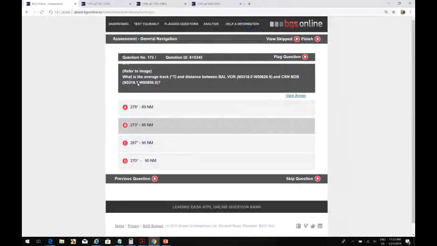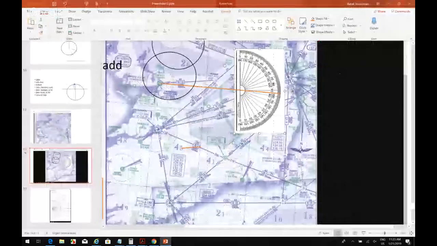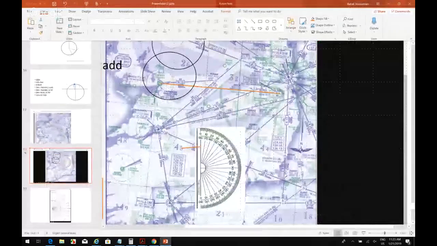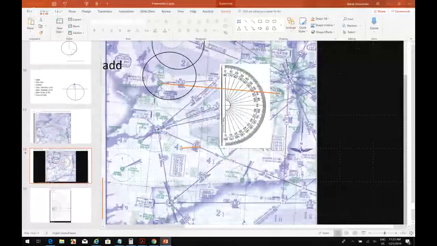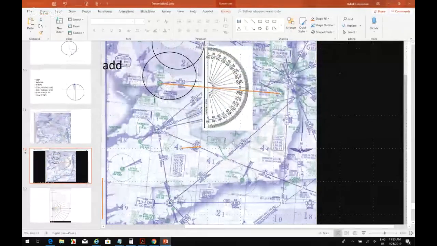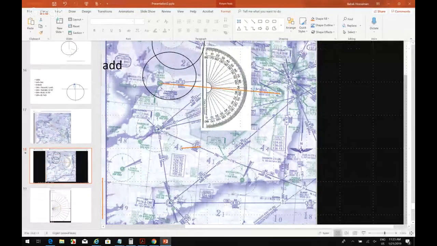Oh, two close ones there. I need to be a bit more accurate. Okay, let's be more accurate. Now, what's the exact angle here? That's magnetic north, and it's not 275. So we've got 095 exactly on this one.